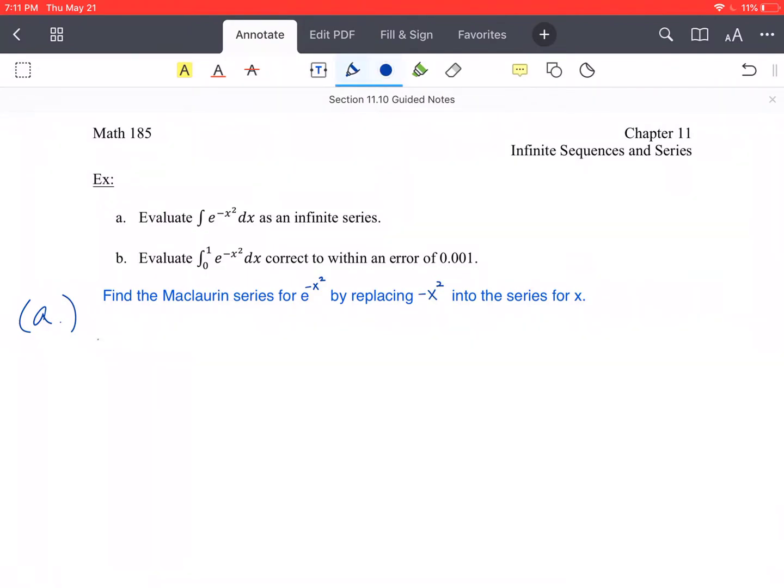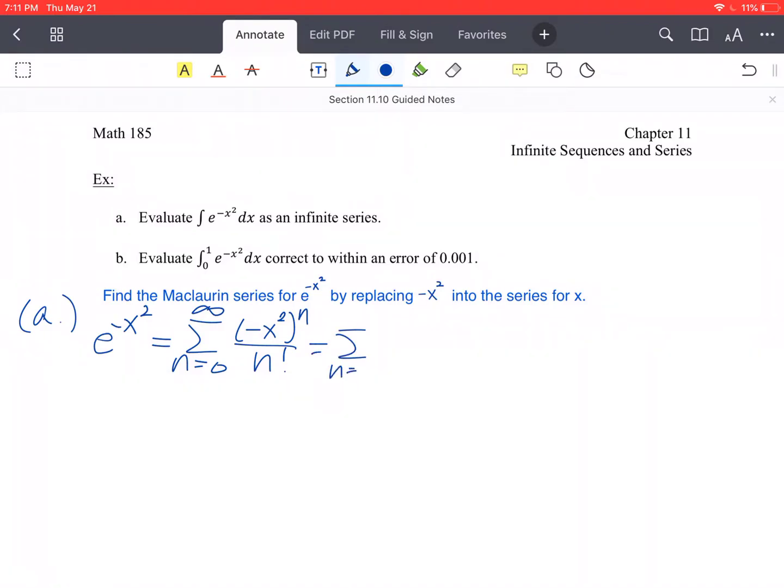So we have e to the negative x squared equals the sum, n going from 0 to infinity, of negative x squared to the n over n factorial.